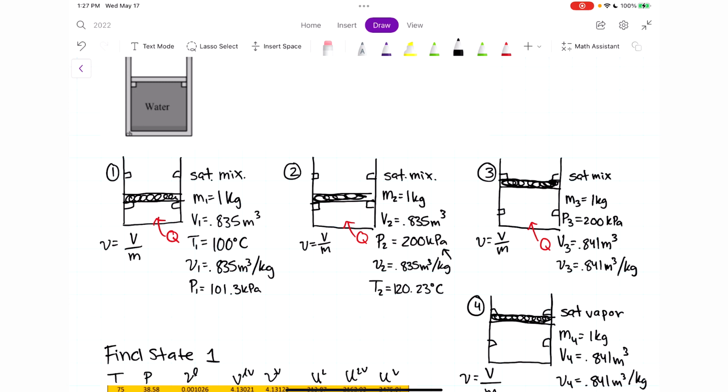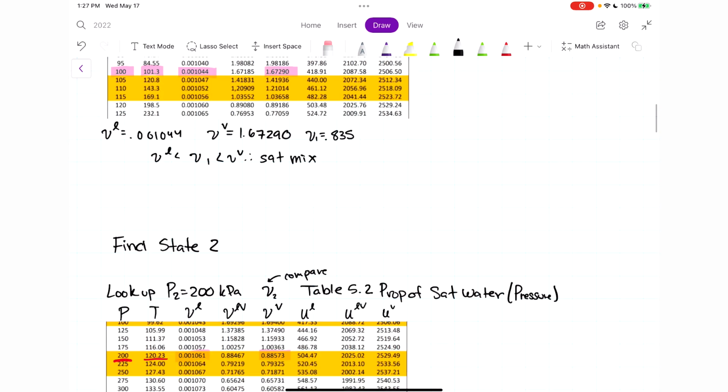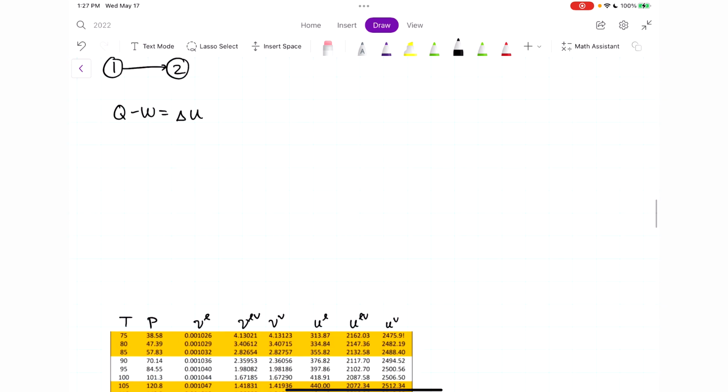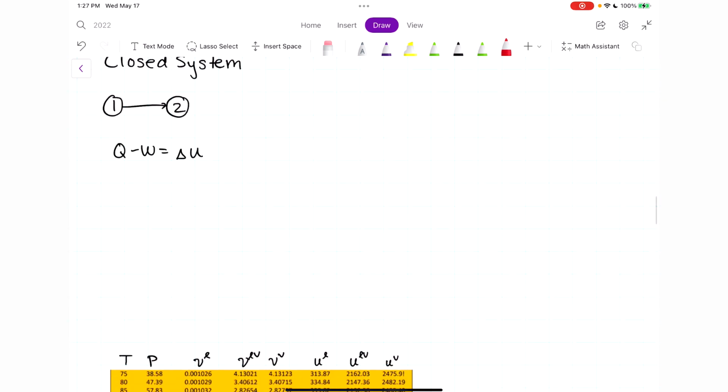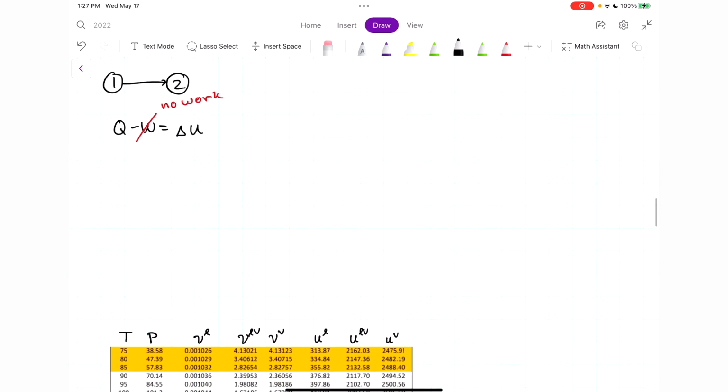If nothing is moving, no work is happening. So we're able to cancel that out of our equation, because there are no moving pieces in our system just yet.